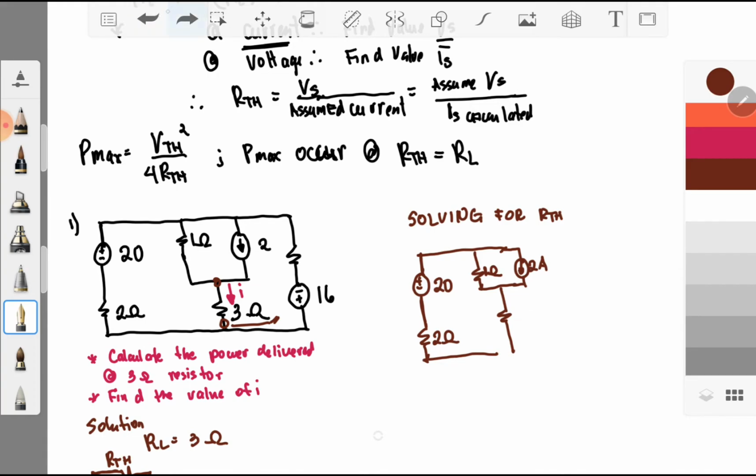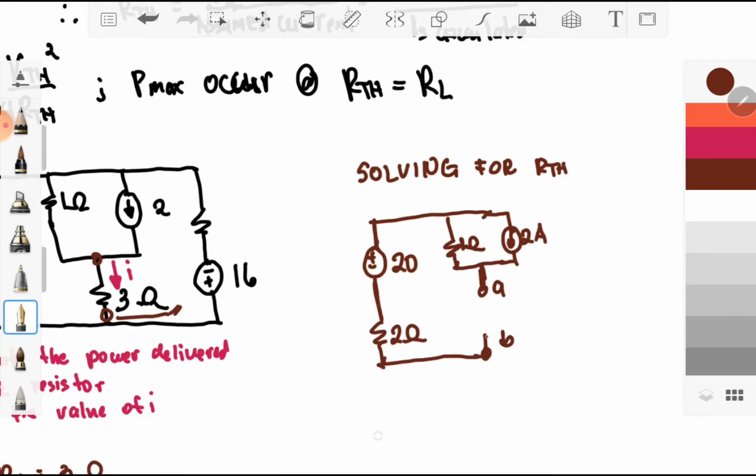So your 3 ohm will be removed. That will be your terminal A, B. So take note, your current goes downward. Okay? And then we have our 3 ohm, so it will be removed, and then we have our negative 16 volts.